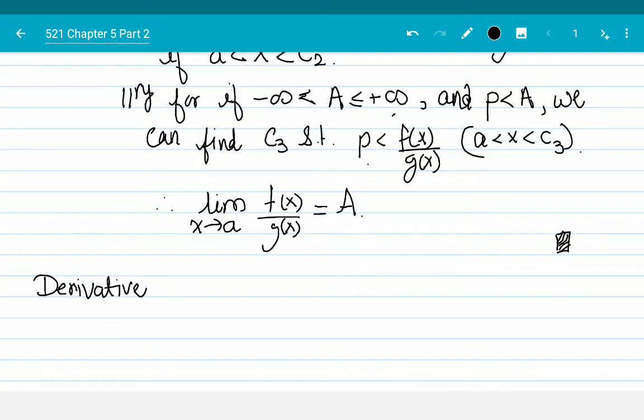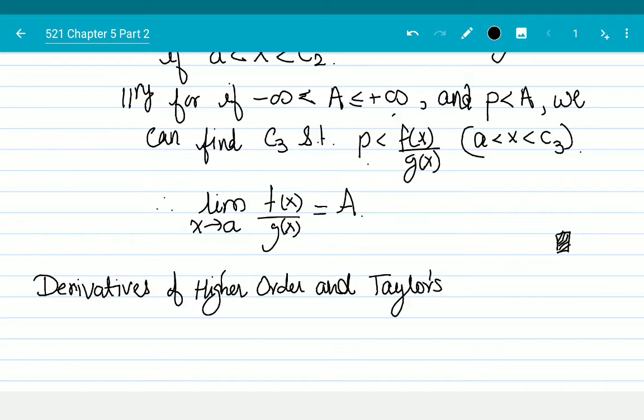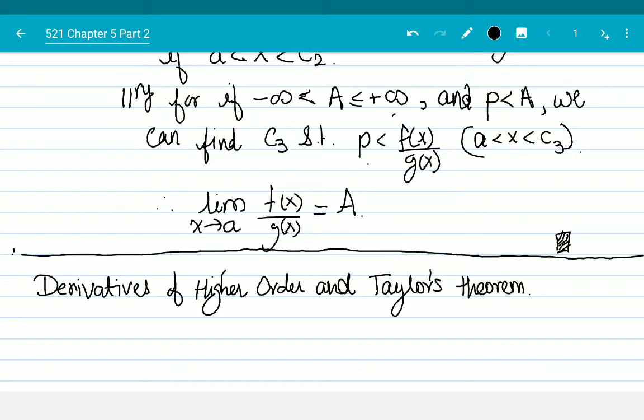Derivatives of higher order and Taylor's theorem. Okay. Definition.